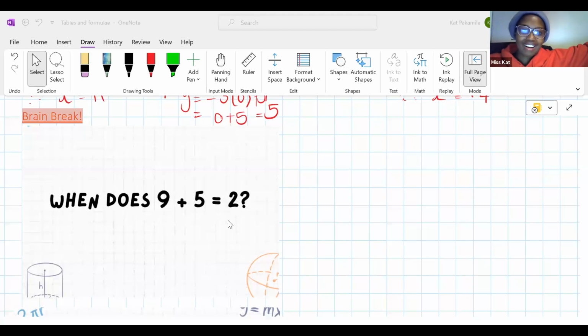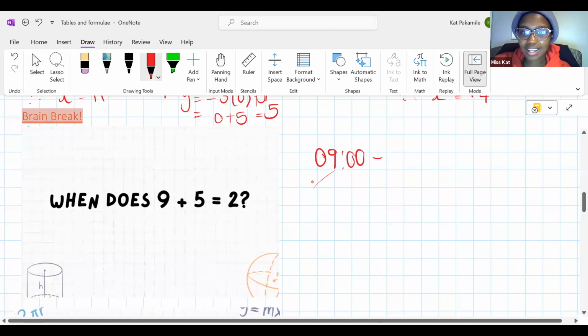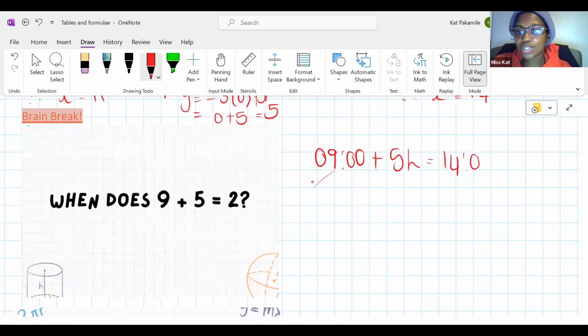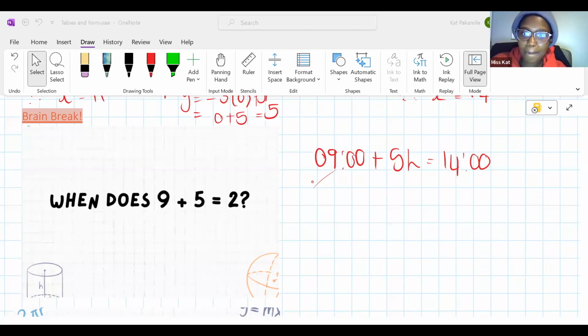Yes, on the clock, guys. On the clock. Who was that? That was beautiful. 9 o'clock plus 5 hours will give you 2 o'clock. Or you can look at just the 12 o'clock clock, the analog.